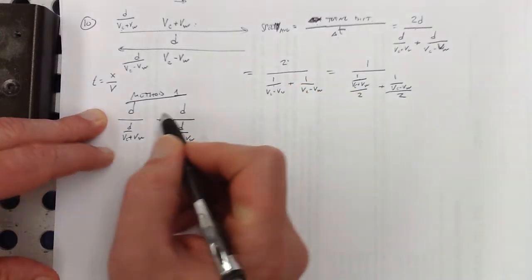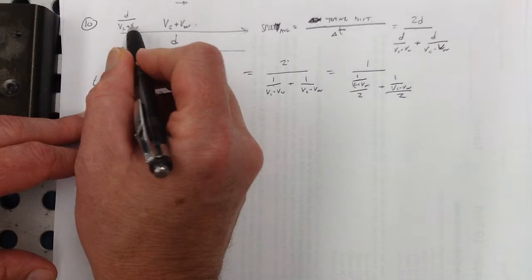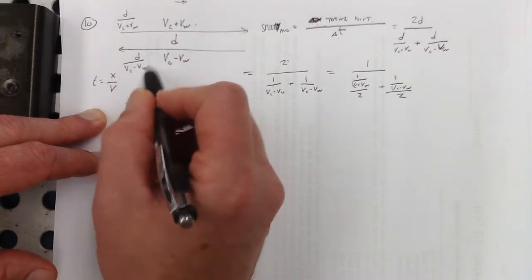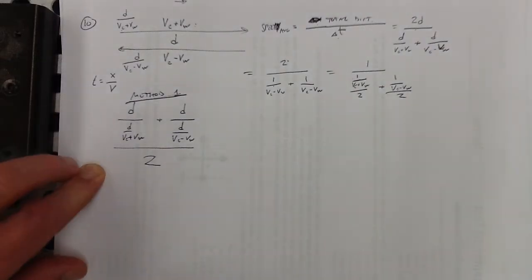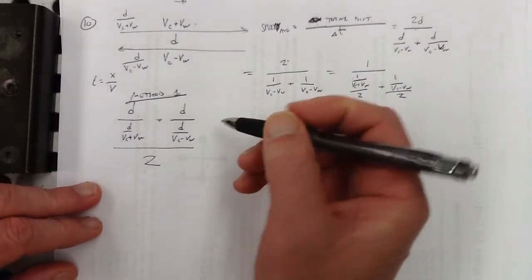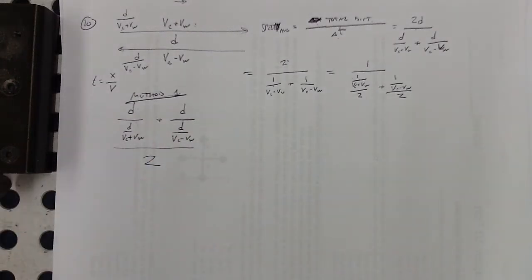So method 1 is take D over T1, D over T2, and average them. So when you average things, that's the same as adding them together and dividing by 2.